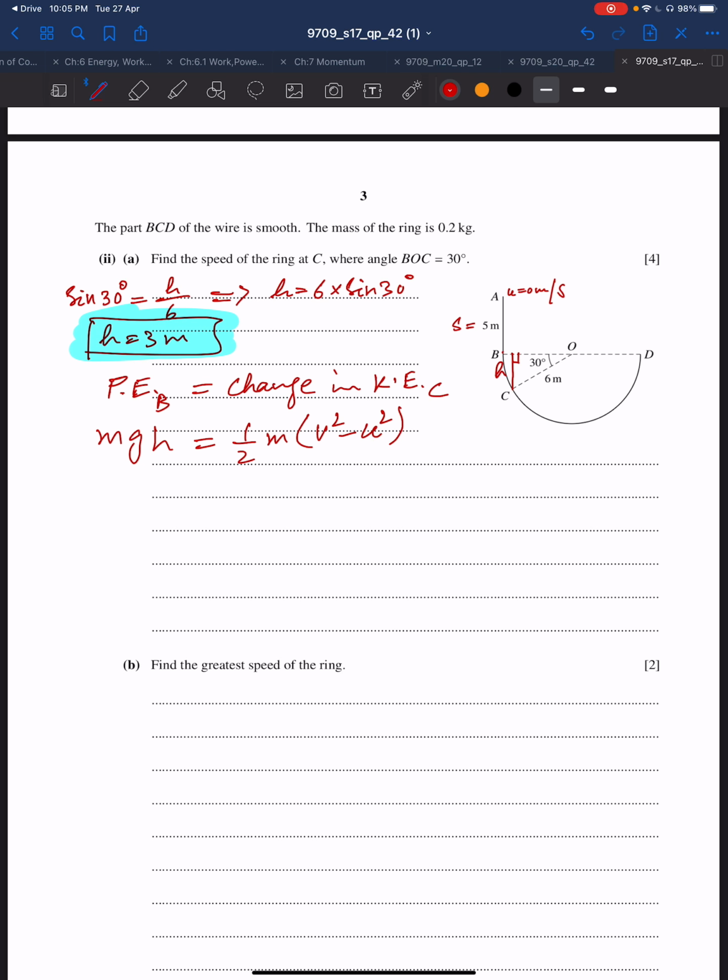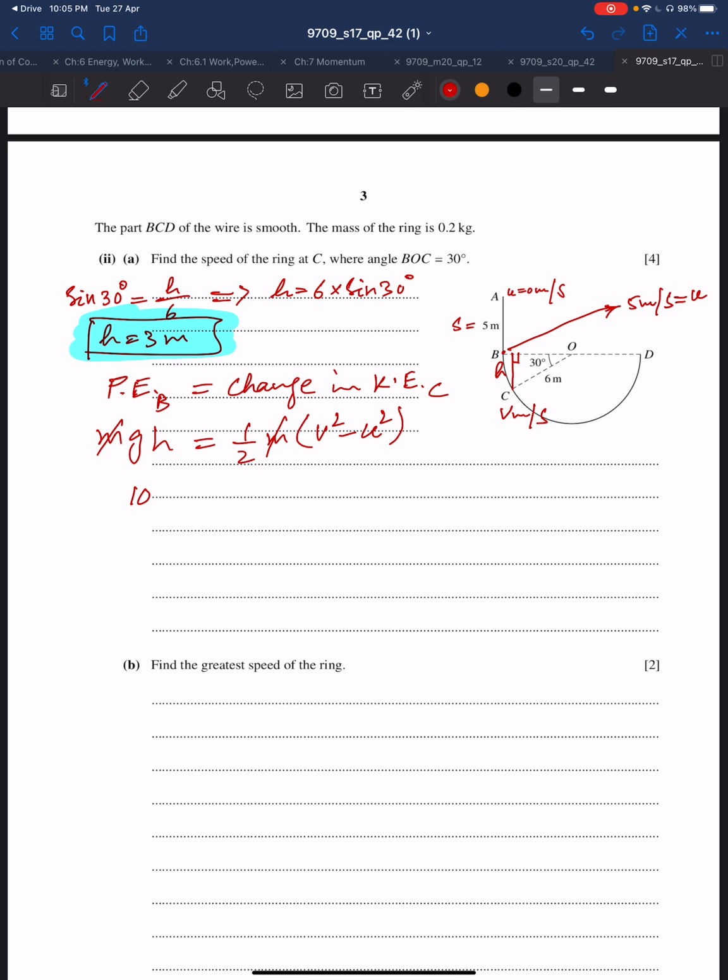And u here would be at B. We proved that the velocity was 5 meter per second at B, so the initial velocity at B is 5 meter per second, and at C, v meter per second we have to find out. M cancels because there is one fraction on both sides, you can cancel it. And what is g? g is 10.